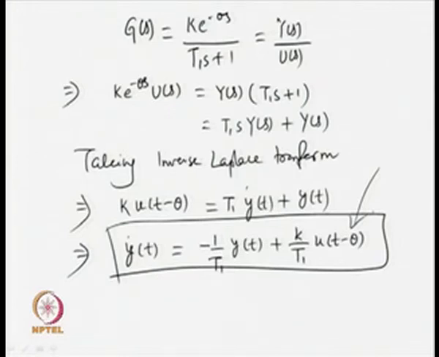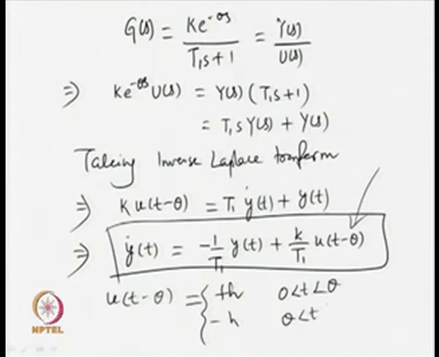So, this gives us a first order differential equation, but fortunately how do we overcome complex solutions of this first order delayed differential equation? Because we know that u(t minus theta) gives us two values, plus h or minus h, depending on whether time is between 0 to theta or beyond that, theta less than t less than Pu by 2. All these things you will learn in our subsequent lectures.